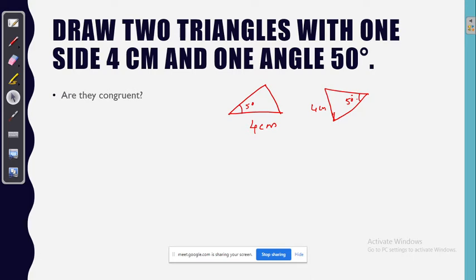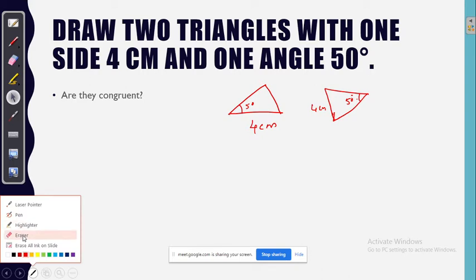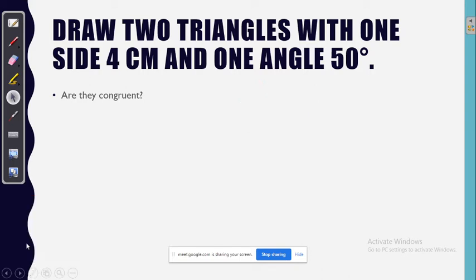Whichever you have drawn, is that congruent or not? Did you finish, Harika?